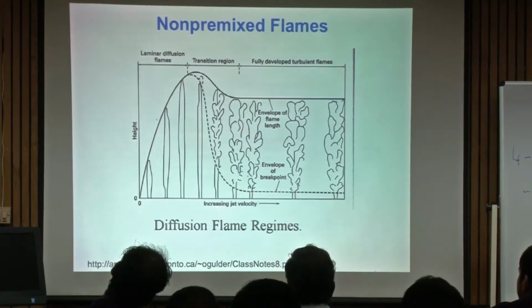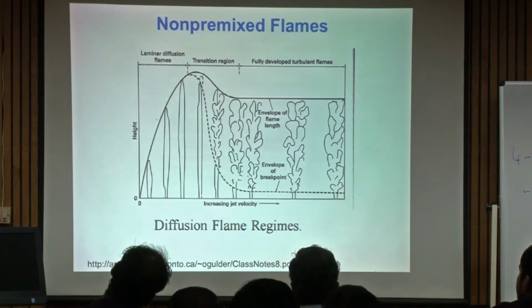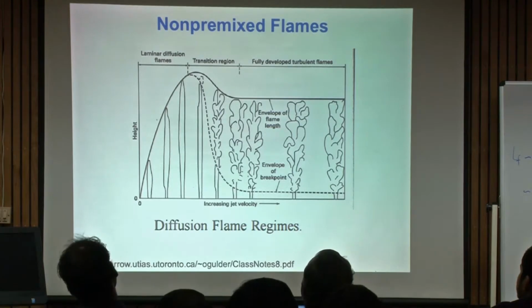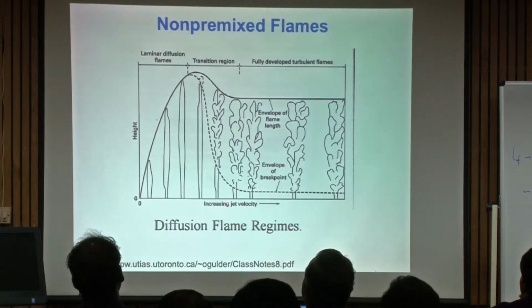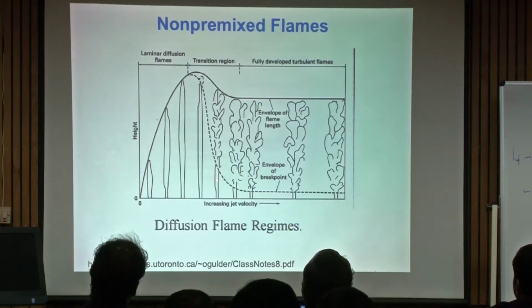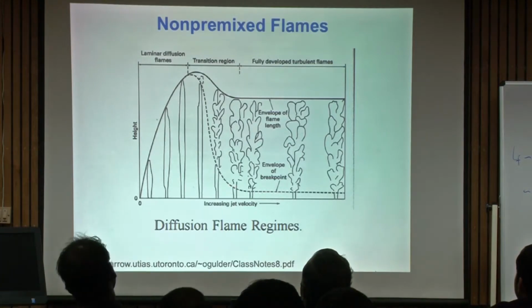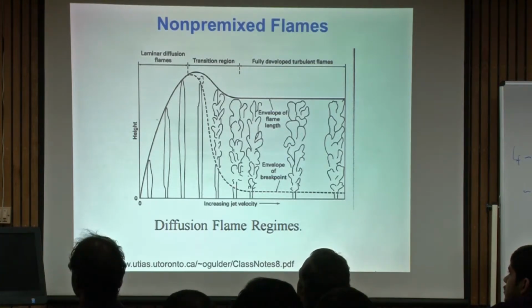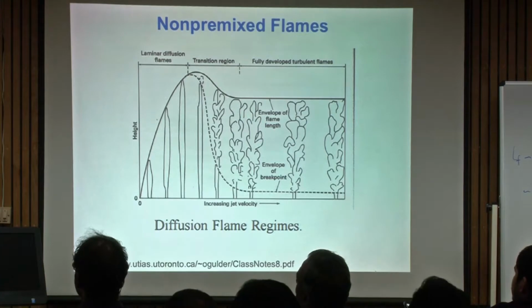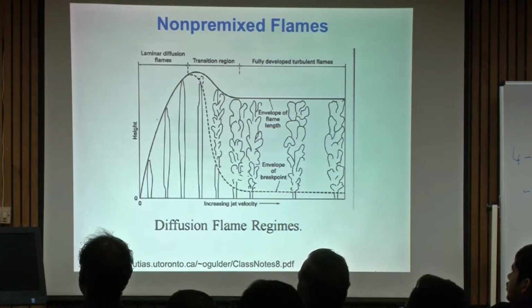For the laminar regime, you can see that the length increases linearly with the velocity. Now as you increase the jet velocity, at some velocity the flow will start becoming turbulent. So you remember what the criterion for transition to turbulence is? Reynolds number, right? The jet Reynolds number, somewhere maybe around 2000.